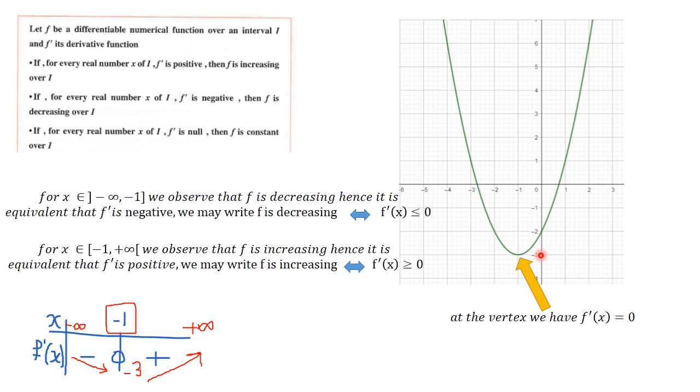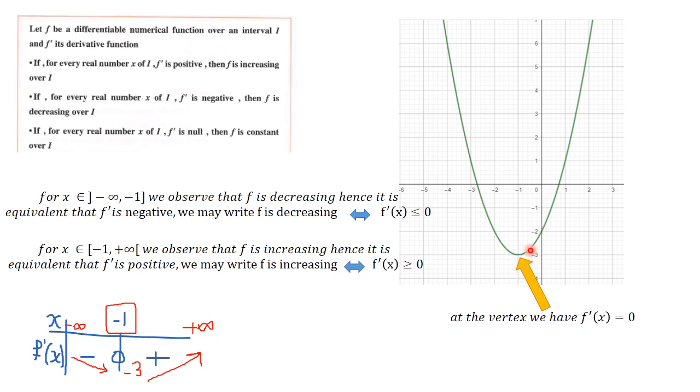So the function decreased from minus infinity to (minus 1, minus 3), then it increased to plus infinity. This point here we call the minimum point, and at this point exactly the derivative is equal to 0. If you replace minus 1 in the derivative, you will get 0. So this is a root for the derivative.